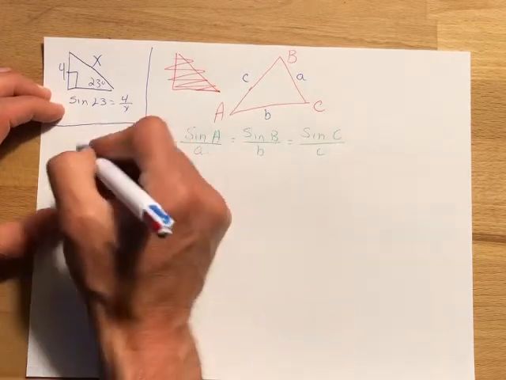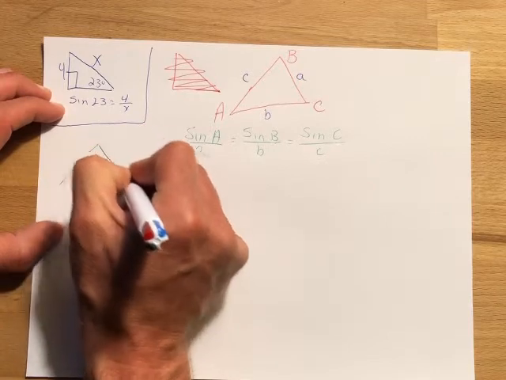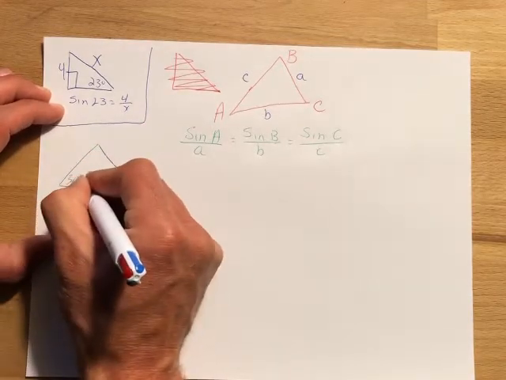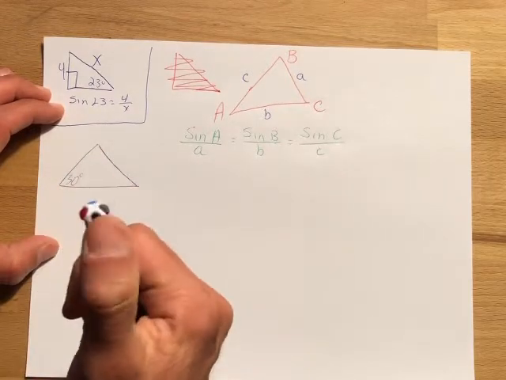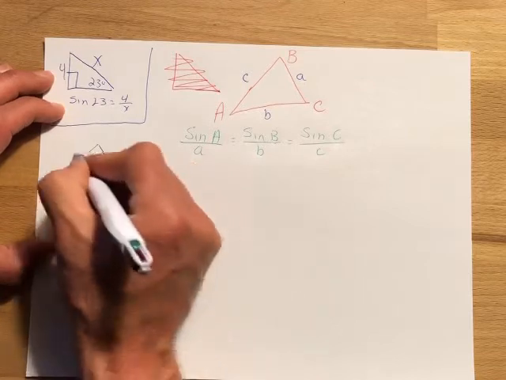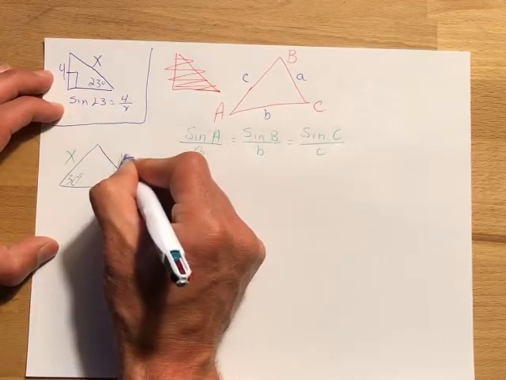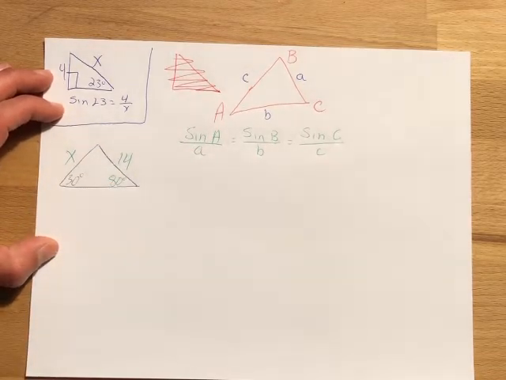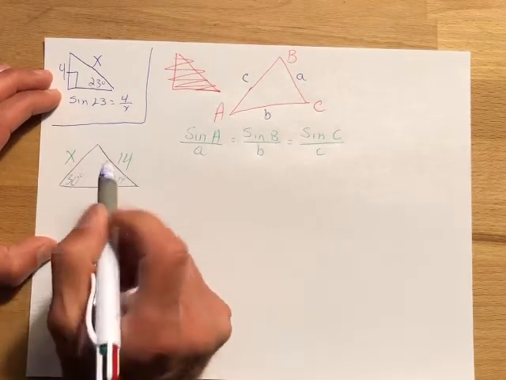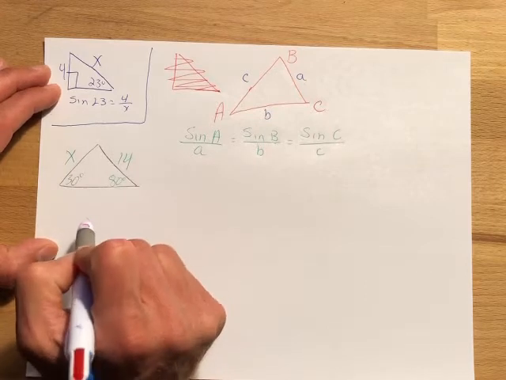Let's take this first example that I have in my notes. This is 30 degrees. Let's say this is 80 degrees. And this is side X, and they give you side 14. We have to solve for X. This isn't a right triangle, so I can't use right triangle trig.